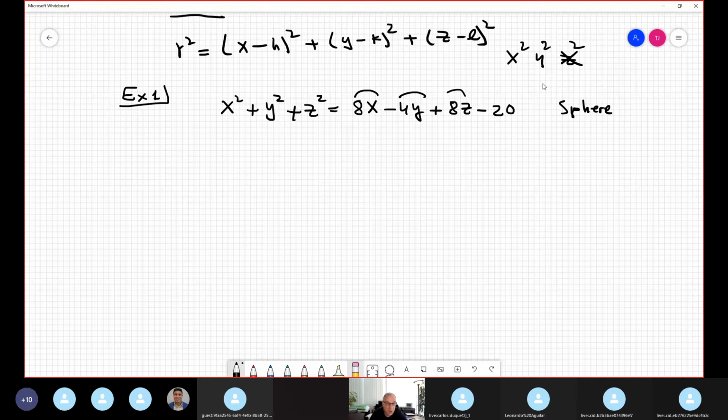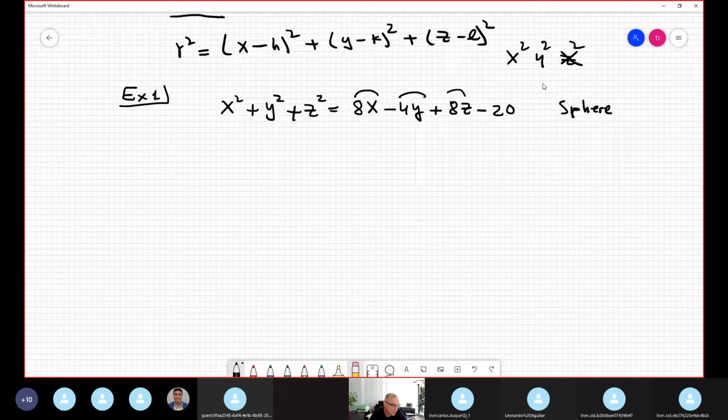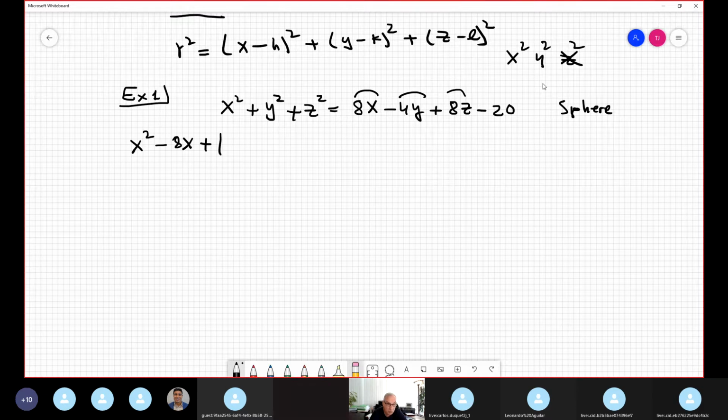But okay, we are doing similar to pre-calculus. We complete the square. So I move everything to the left-hand side. x squared minus 8x plus one box. In this box, I introduce a magic number that completes the square for the x part. Plus y squared plus 4y. I move 4y to the left-hand side, I change the sign.